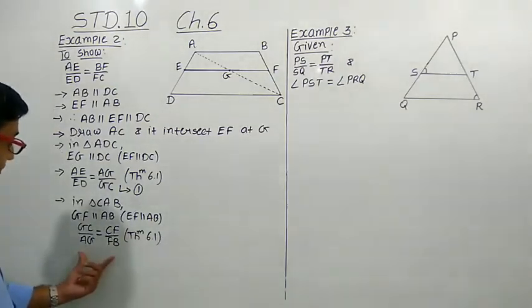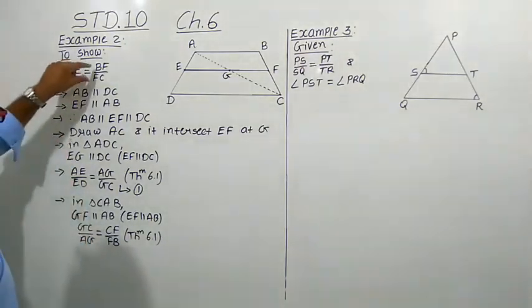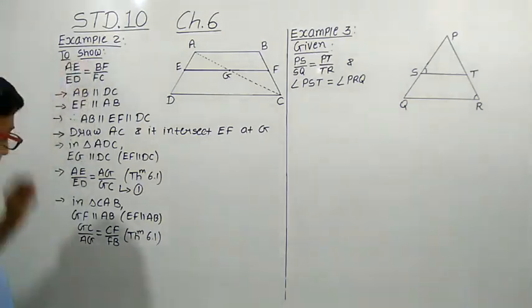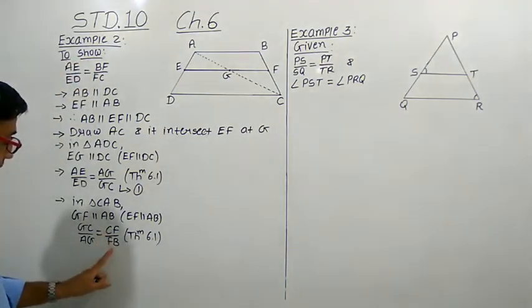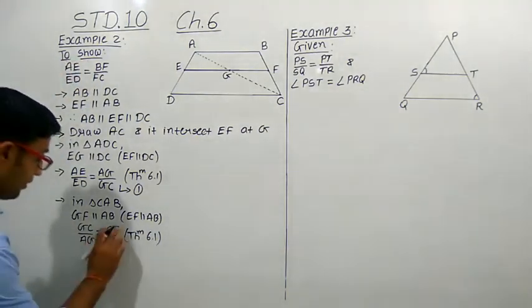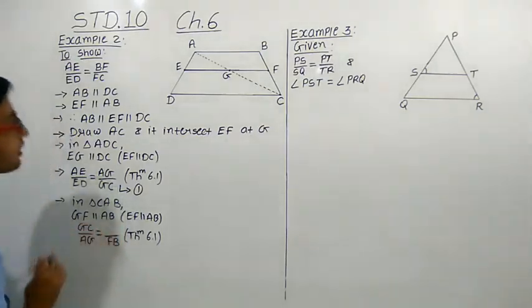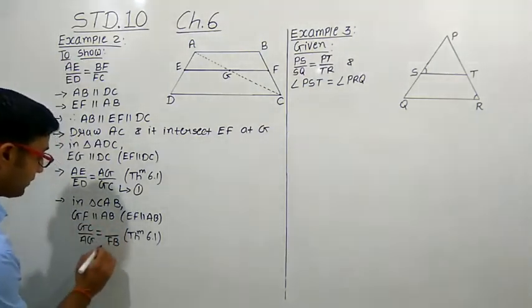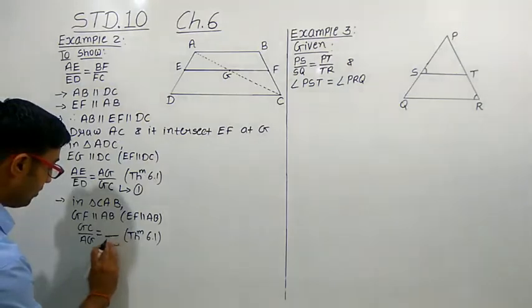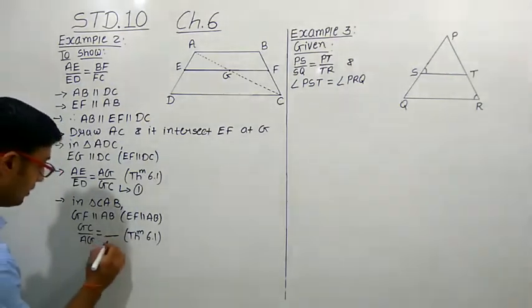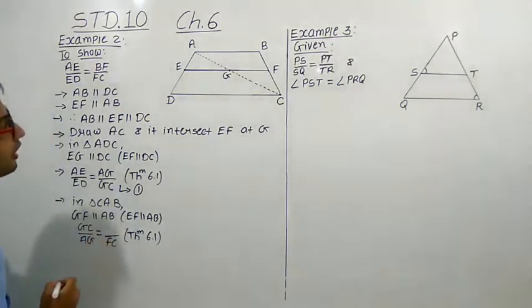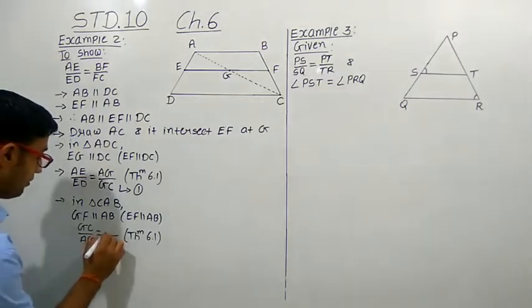Now see, in this result, here we want BF upon FC. Here also we can write it as BF upon FC, or FC upon BF.